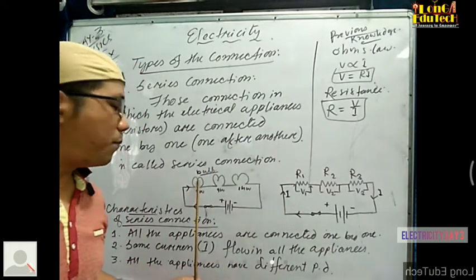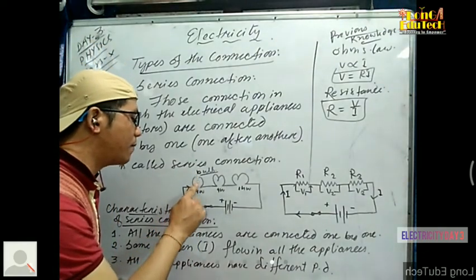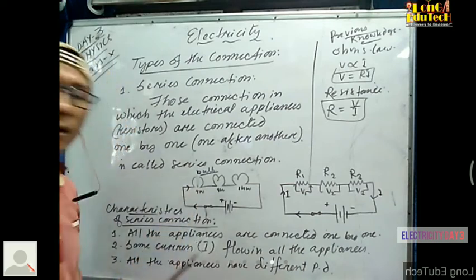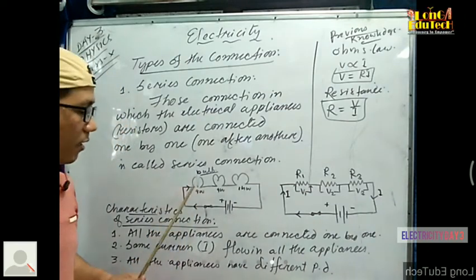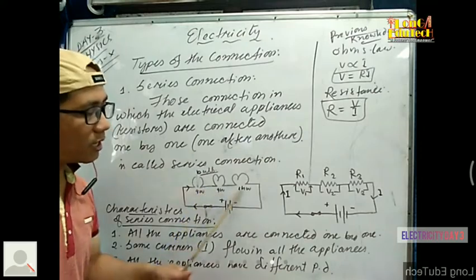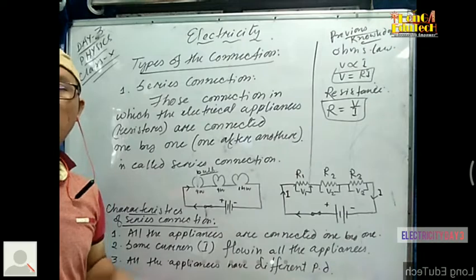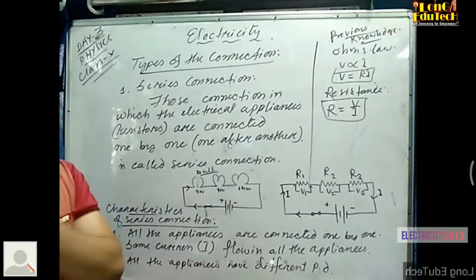ये बल्ब जो है, सपोज ये बल्ब फ्यूज हो गया, काम करना बंद कर दिया. Okay, if one appliance is fused, okay, then what do you think, all the other bulbs will give light? No, it will not give the light. Why?